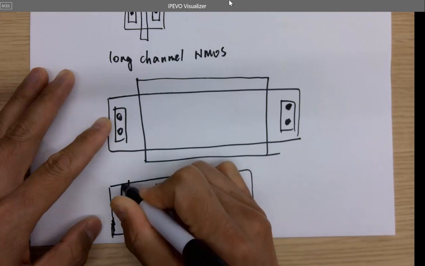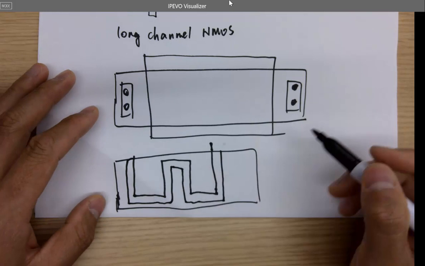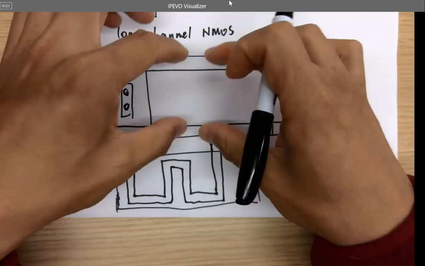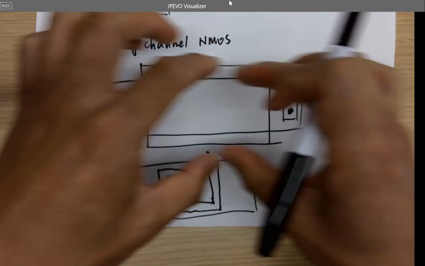That looks odd, but you can make a pretty long channel which covers a smaller footprint instead of just extending it in one direction.